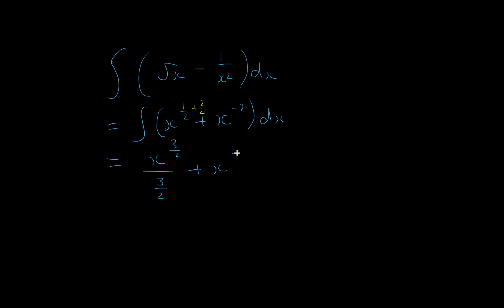The next term is going to be x to the power of minus 2 plus 1. It will be x to the power of minus 1, and we divide by minus 1. And again, we add plus c. So the final answer might be written as 2 over 3 x to the power of 3 over 2 minus x to the power of minus 1 plus c, or if you like, plus 1 over x plus c.